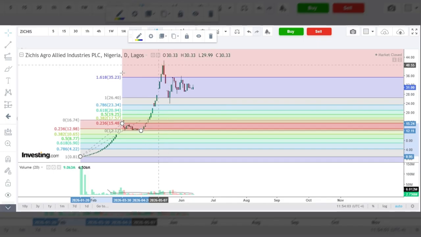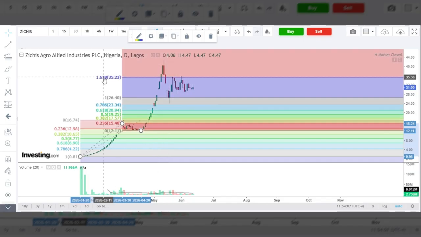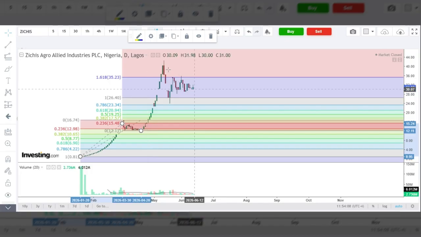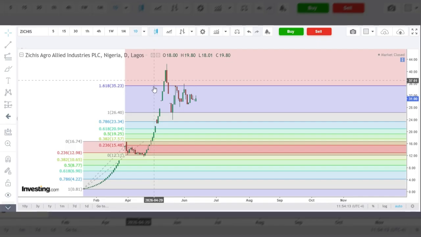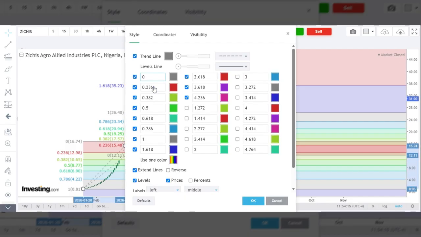It crossed 1.618 and stopped at, let me see which level it stopped at. Let me put 0.618, I think I should put this on. No, it's not this one. So the important thing is it stopped at 1.618.